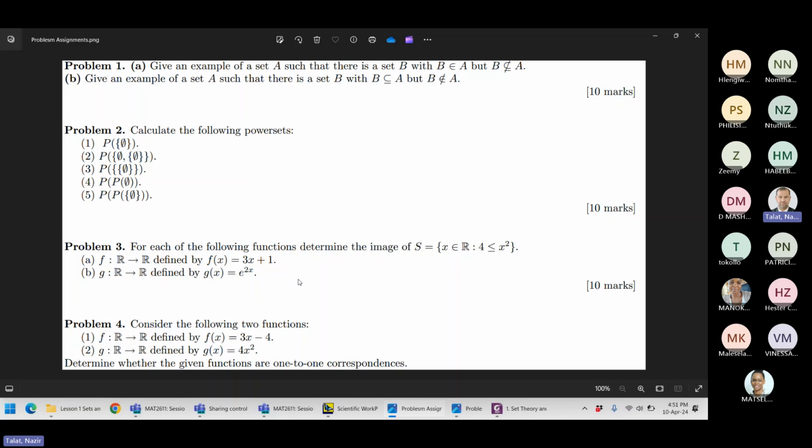We need to determine the image of S, where S is some set of real numbers. We also need to check whether these functions are one-to-one correspondences or not. One-to-one correspondence means we need to check that these functions are one-to-one and onto, because if the functions are one-to-one and onto, then they are one-to-one correspondences.